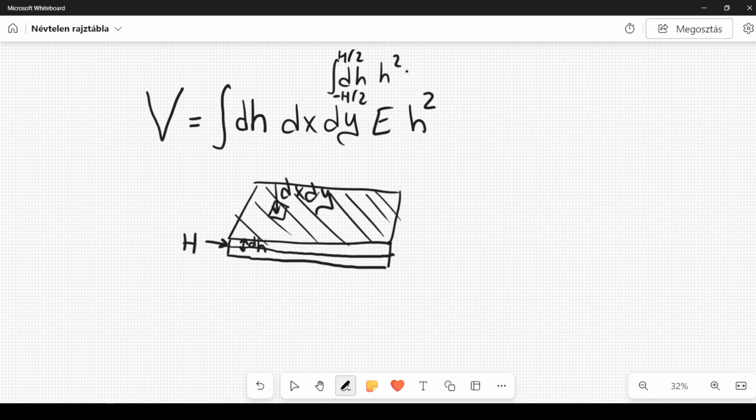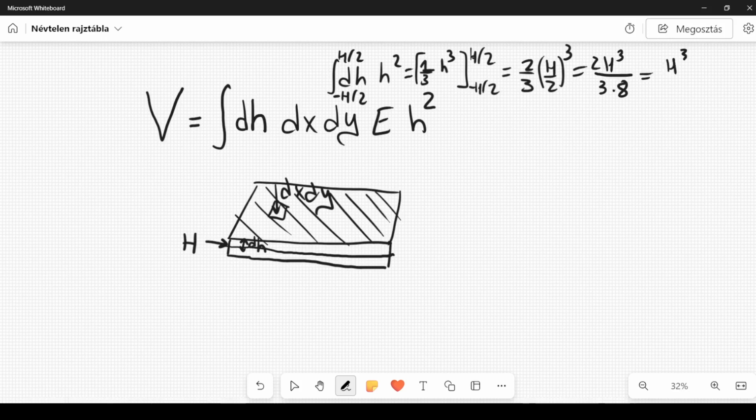So when we carry out the integral over h, basically we get 1 over 3, and then we get h cubed to be evaluated between minus H over 2 and H over 2. So this integral will give us 2 over 3 times H over 2 to the third, or if you want, we get H cubed over 3 times 8 multiplied by 2.